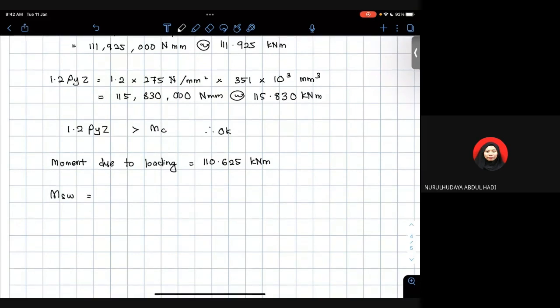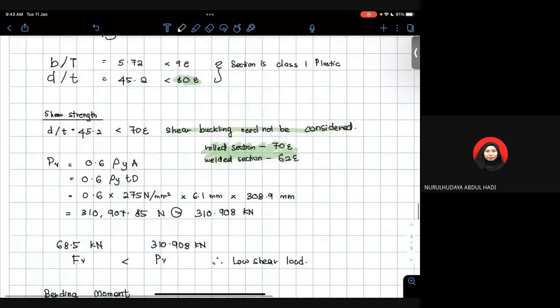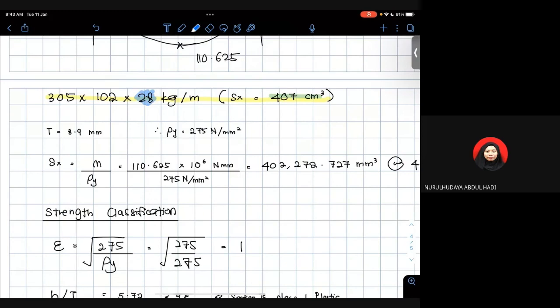MSW equal to, kita tahu self-weight dia adalah UDL, WL square over 8. Weight dia adalah dead load, so kita kena darab dengan factor of safety for that load, 1.4, darab dengan dia punya weight lah. Which is kita tak ada, kita just ada mass sahaja for the section, 28 kilogram per meter.